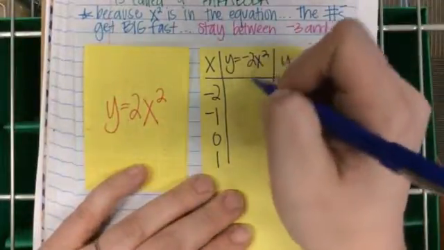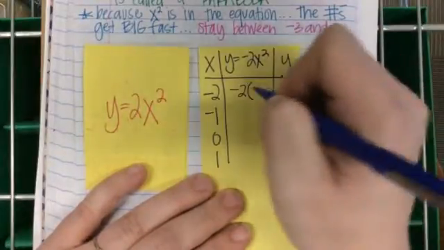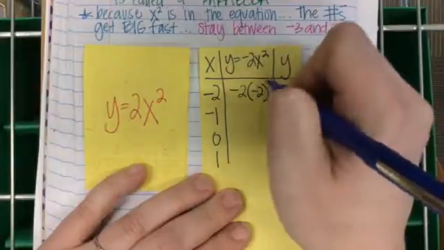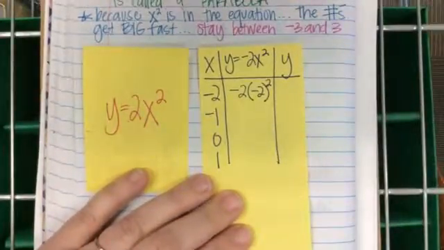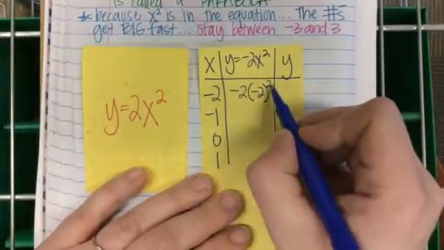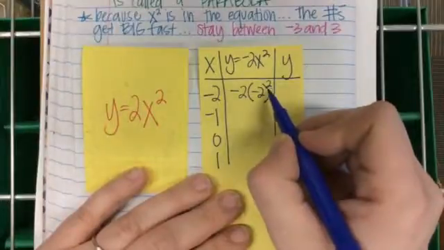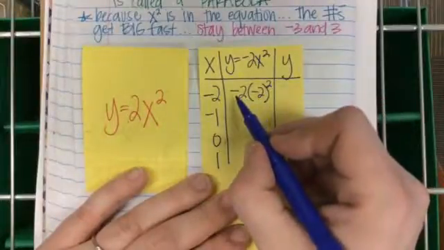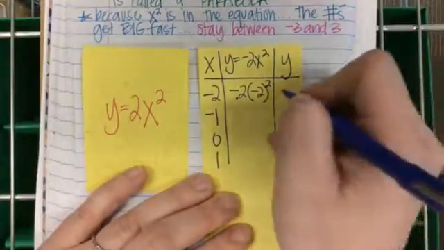So I'm substituting, so -2x squared. So -2, and then instead of x, I'm putting (-2) squared. -2 times -2 is +4, times -2 is -8.